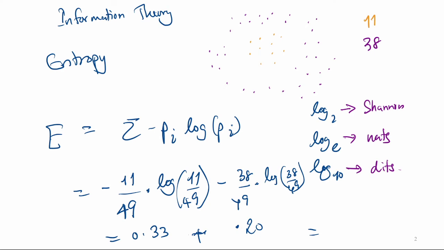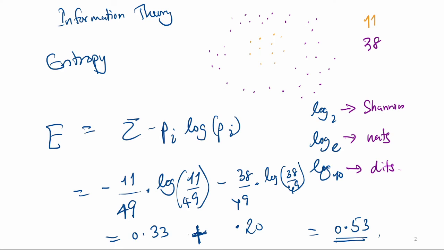So the total entropy of this situation is 0.53, right? Okay, that took some time, but this is the uncertainty in this particular dataset.